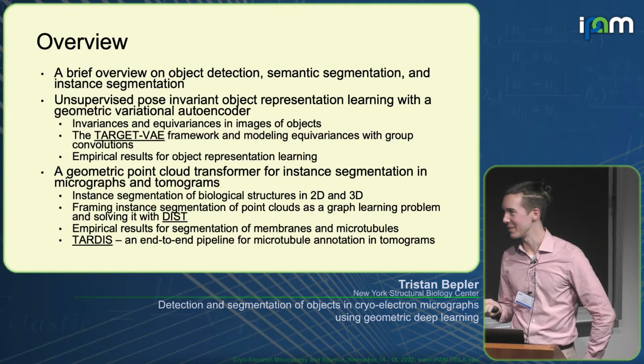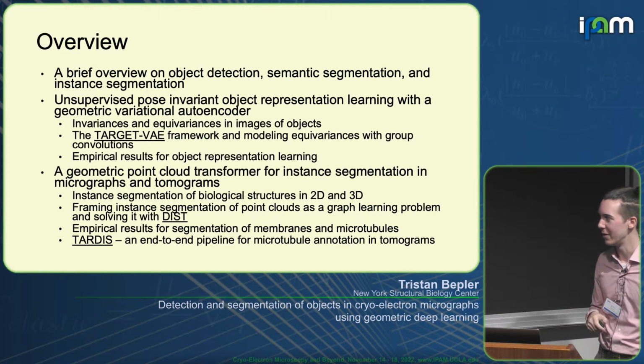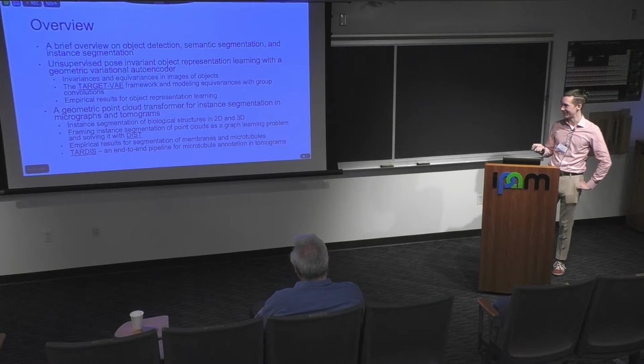I'll show you some results on general object representation learning, and then a specific application of this to cryo-EM for particle picking, which I hope is an exciting new direction for thinking about how we can do particle picking in an unsupervised way.